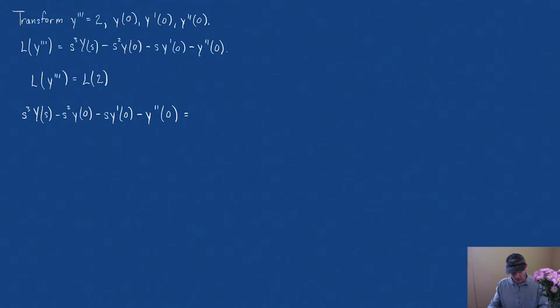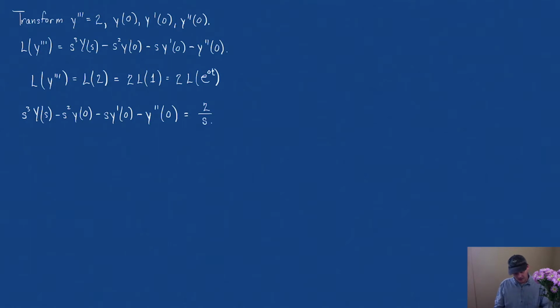And this equals, remember the Laplace transform of 2, well, that's really just 2 times the Laplace transform of 1. But that's just 2 times the Laplace transform of e to the 0t. And remember, the Laplace of e to the at is 1 over s minus a. In this case, a is 0. This becomes 2 over s.